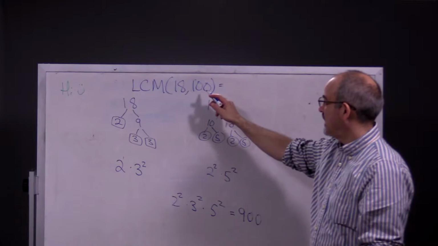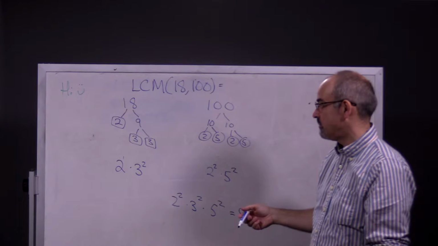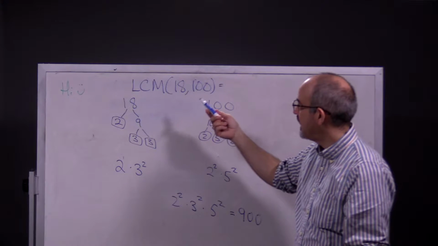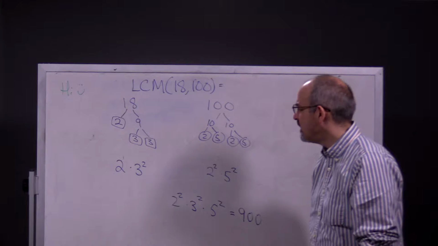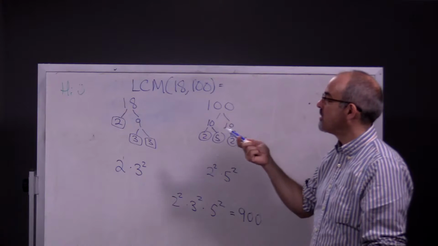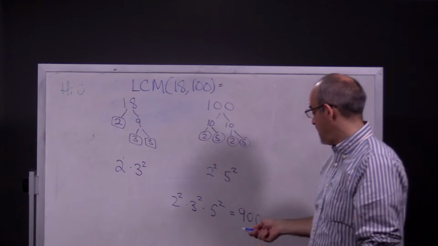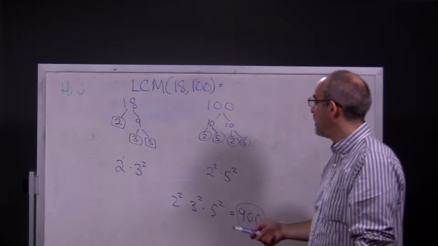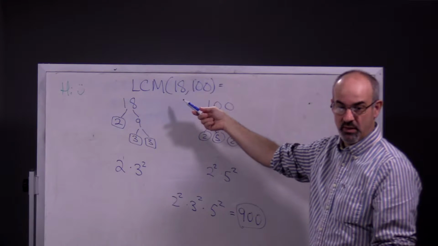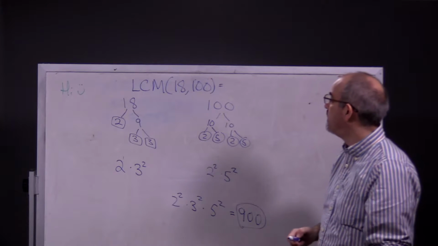So it would be hard to list these out like I did with the last example. What was the last example? 8 and 20, I think? Yeah, 8 and 20. Listing out the multiples of 8 and 20 to find the LCM, it didn't take that long. Notice that since this is 900, we'd have to do like 18, 36, 54, 72, 90, 108, yeah, it would take a long time.